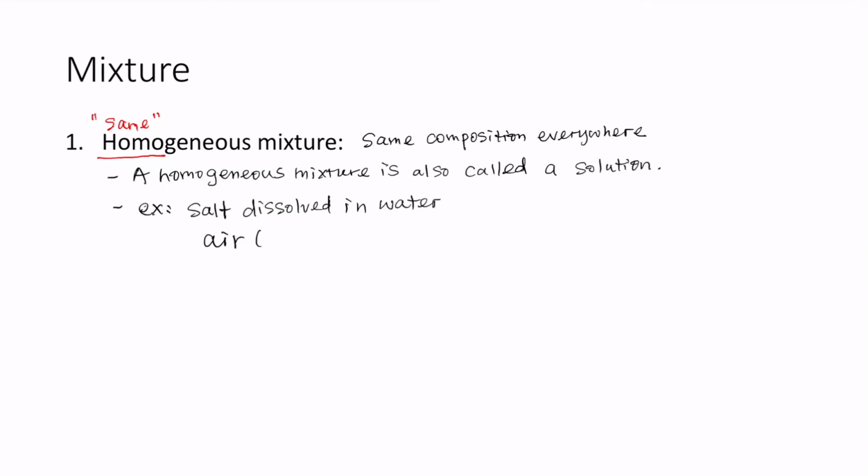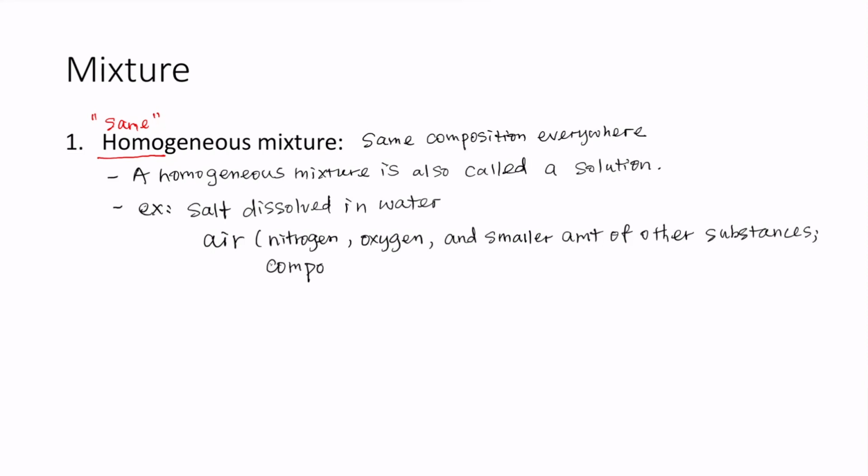Air is a mixture of nitrogen gas, oxygen gas, and some other smaller amount of substances. Air is a homogeneous mixture because it has the same composition everywhere, or the composition is uniform.